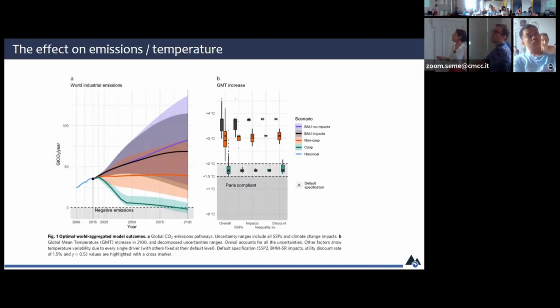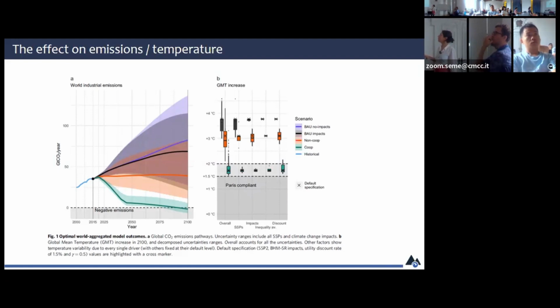These other BAU runs are the BAU with the impacts, but there's no optimization. You simply run the model, and countries suffer climate change. They do nothing about it. They're not allowed to optimize abatement. And this is the BAU without impacts. So BAU with impacts, without impacts, with impacts but no optimization, NASH.